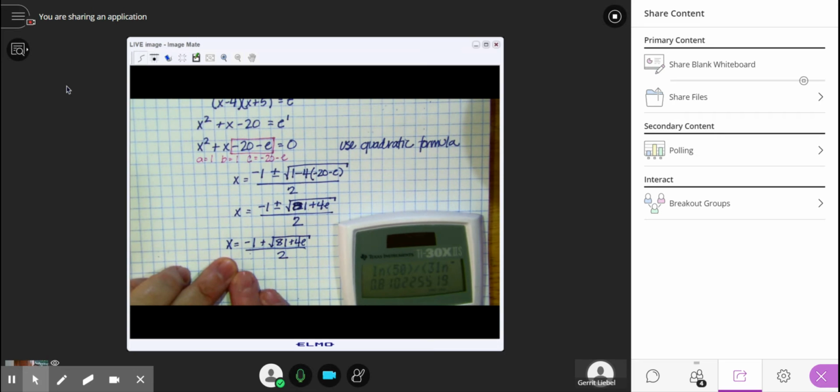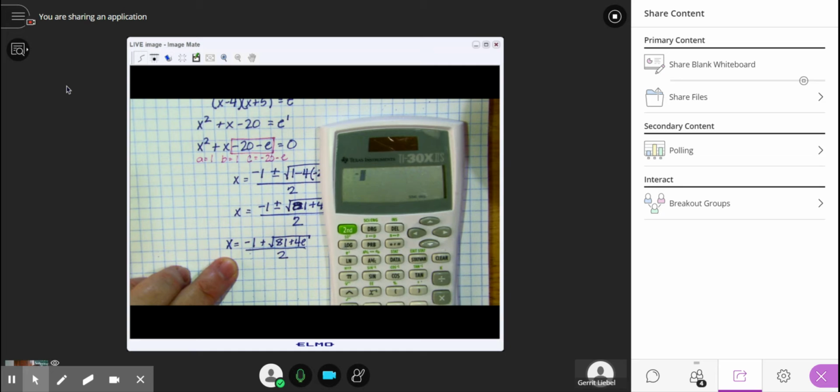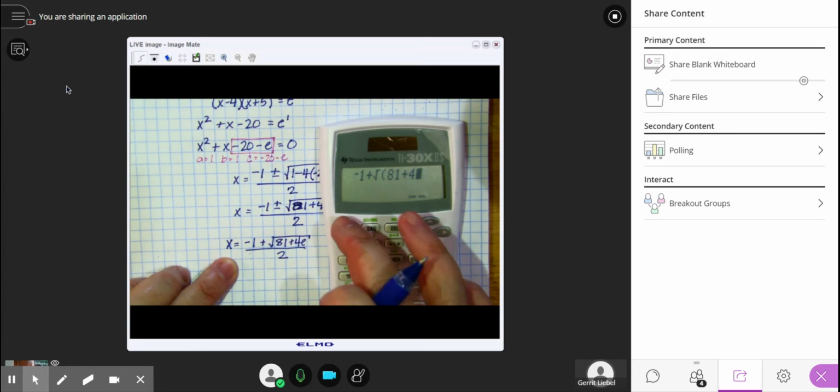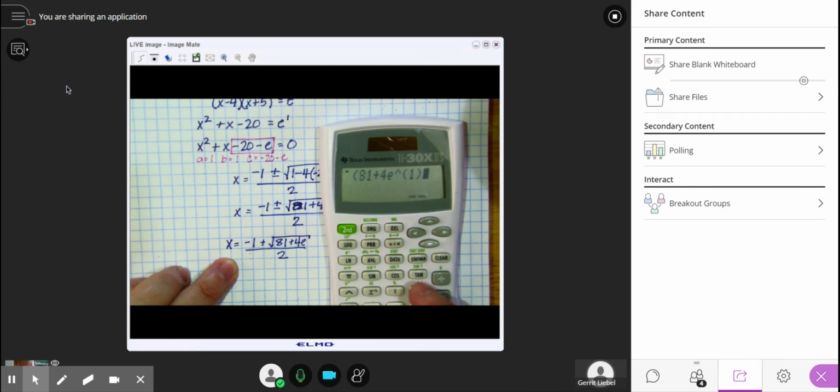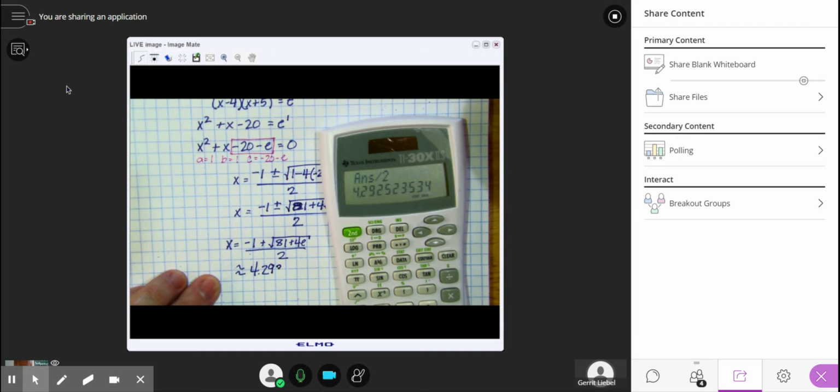So if I do the first one, negative 1 plus the square root of 81 plus 4e, divided by 2, I get approximately 4.293.